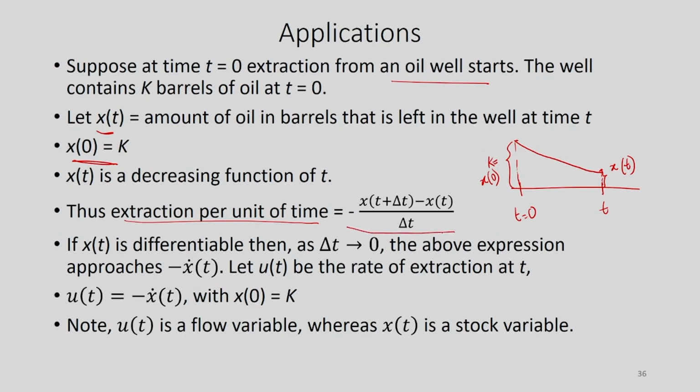Okay. Why is that? The reason is that this is how much oil is extracted per unit of time. If I assume this rate of extraction to be positive, then notice x(t) minus x(t plus delta t), divided by delta t, is always positive, because with time the value of x(t) is declining.